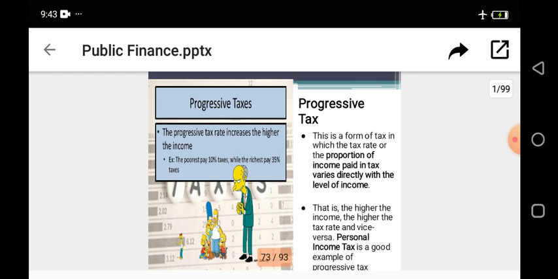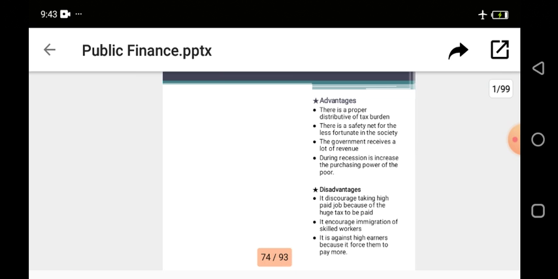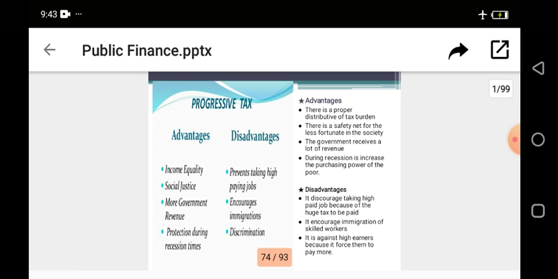Now let's look at some of the advantages and disadvantages of this progressive tax. Number one, under advantages, is that it promotes income equality. Just as I've said before, that's one of the properties of progressive tax. It tries as much as possible to distribute the tax burden so that the poor people will pay less and the rich people will pay more.